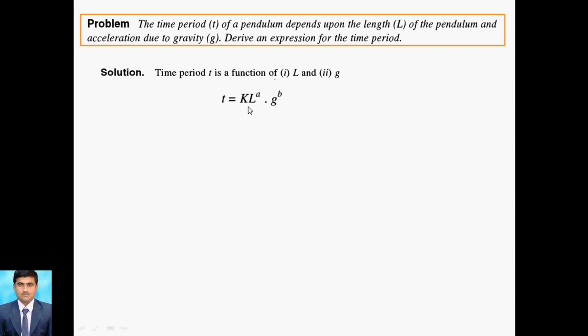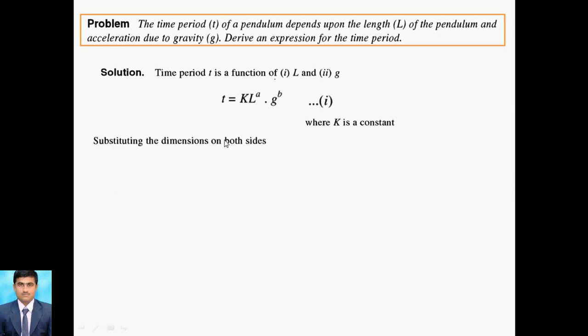We can write k times x1 raised to a, where L is x1 and x2 is g. So k L^a g^b, where a and b are the arbitrary constants. This is equation 1, where k is the constant.